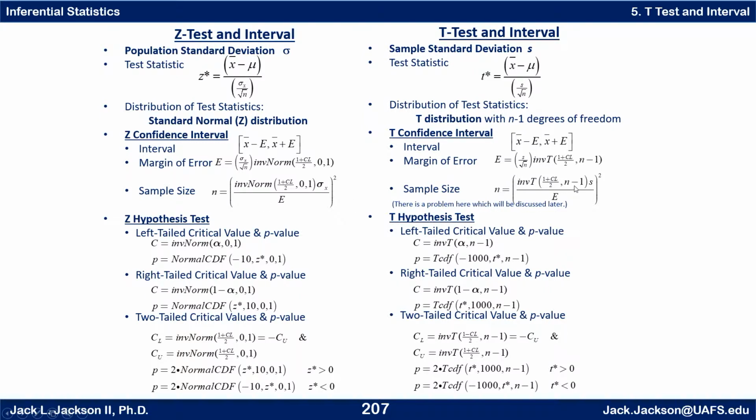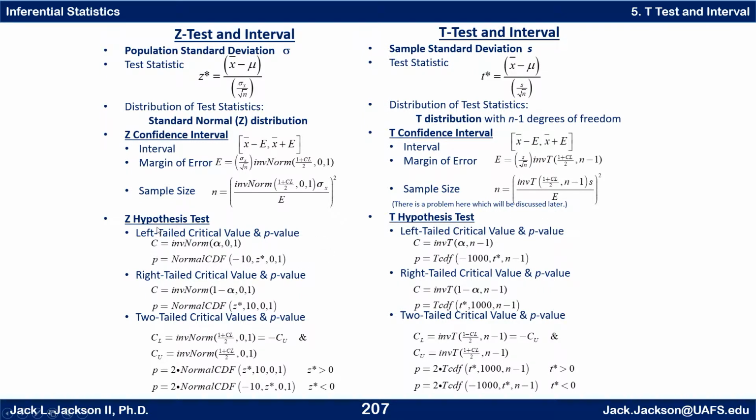On the right, the problem is we have n on both sides of the equation, because n is used to figure out what the degrees of freedom are. One of my upcoming videos will show a technique that will address that, to find a sample size for building a confidence interval in the t-interval. It's a little bit tricky, but I'll show you that later.